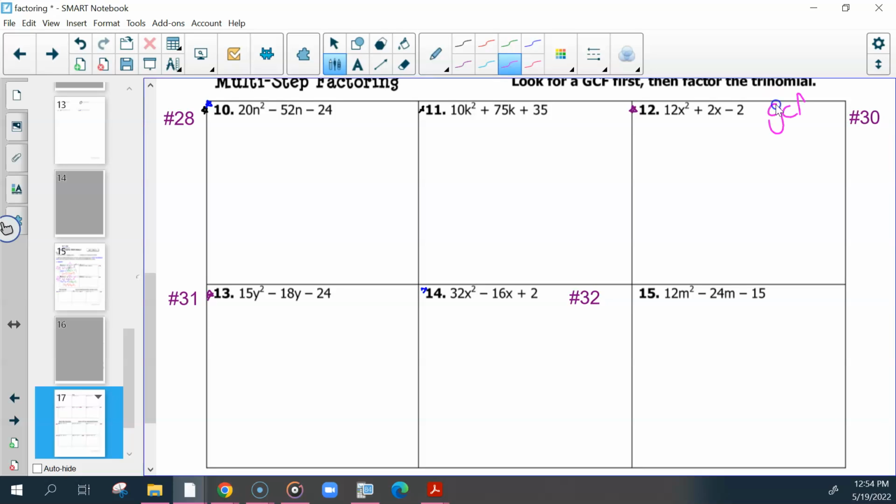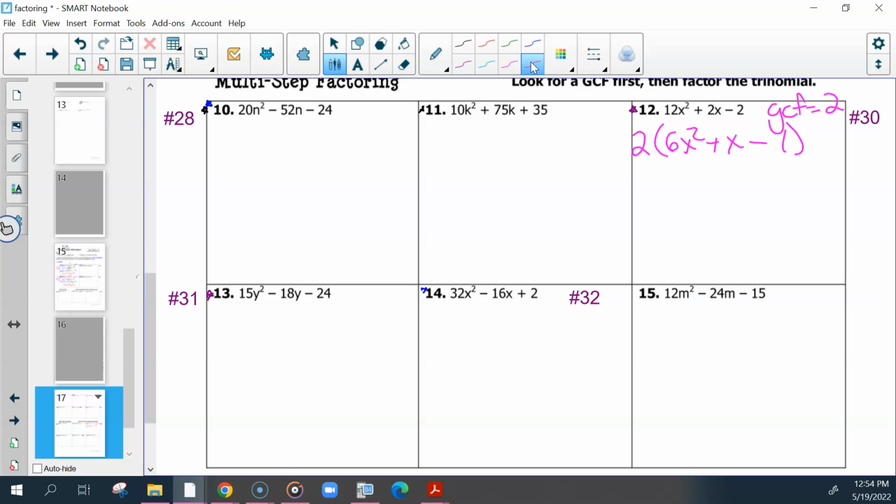What is that GCF? 2. We could divide 2 out of each of these. So we're going to go ahead and do that. Put a 2 on the outside. And if we divide everything by 2, what would be left? Plus x minus 1.